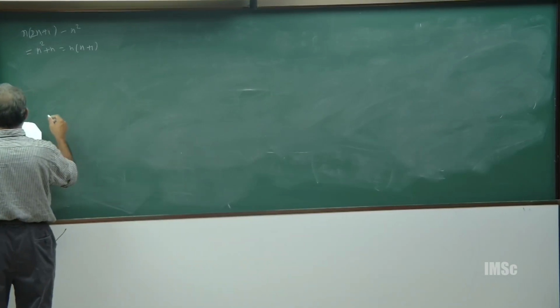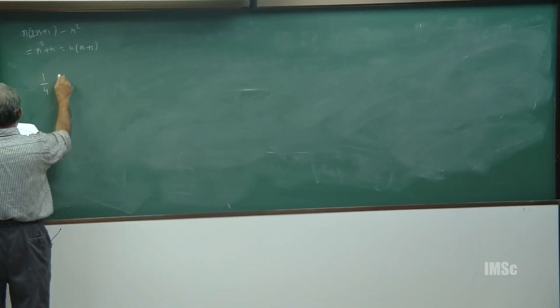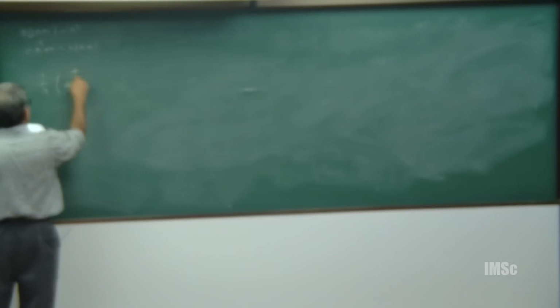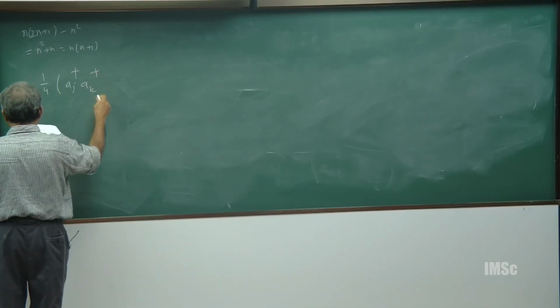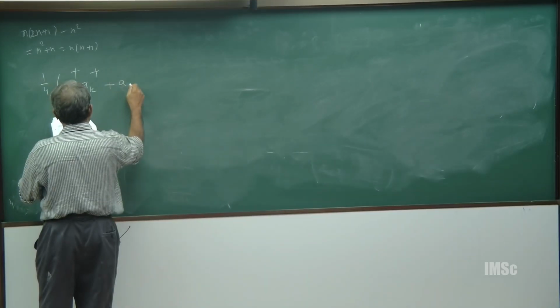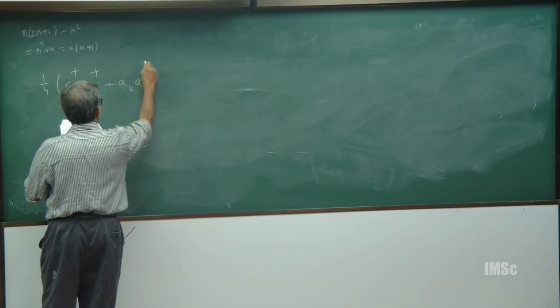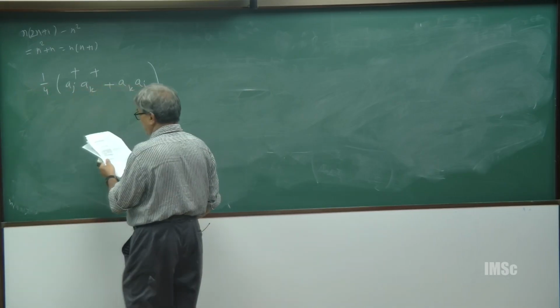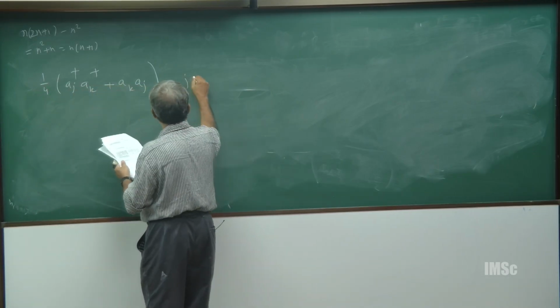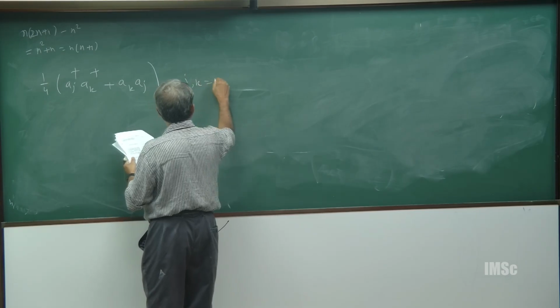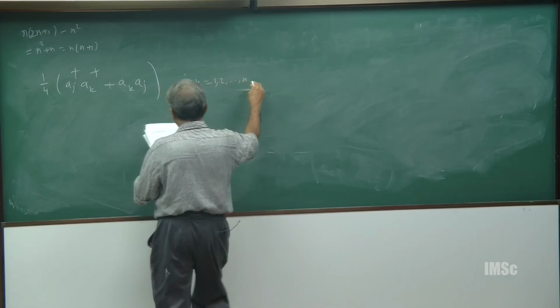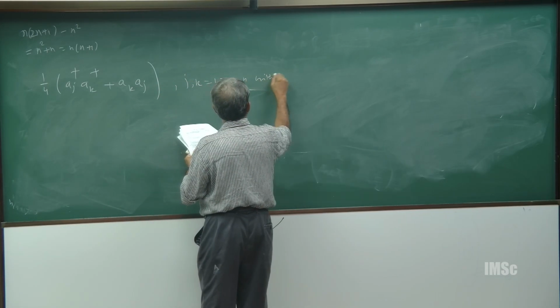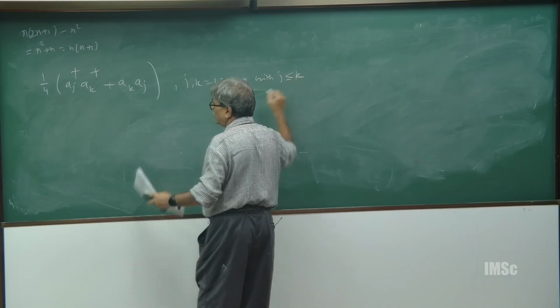One particular type is 1 upon 4, a_j dagger a_k dagger plus a_k a_j, I mean you could have written a_j a_k also, fine, and this is j, k equal to 1, 2, 3, up to n with j less than or equal to k.